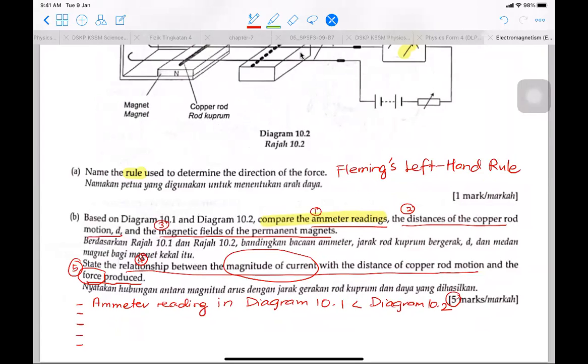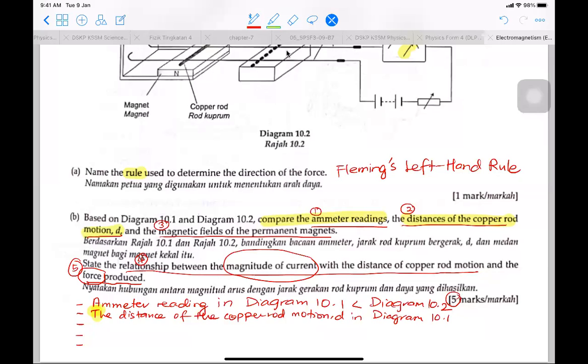Now the second one is to compare the distance of the copper rod motion D. So again, you should start with the distance of the copper rod motion D in diagram 10.1.